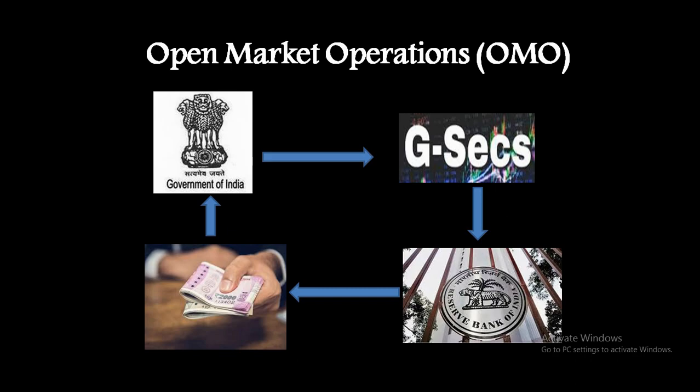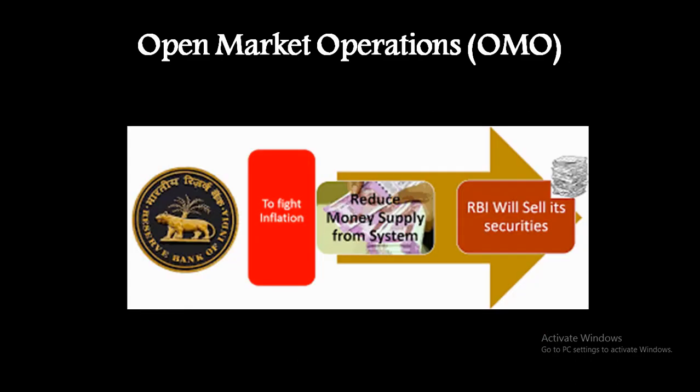Now, in case of excess liquidity in the market, RBI issues these securities via auction. Then some of these G securities will be sold to commercial banks and RBI will get money in exchange, so that it will curb the money supply to these commercial banks and bring the inflation down.